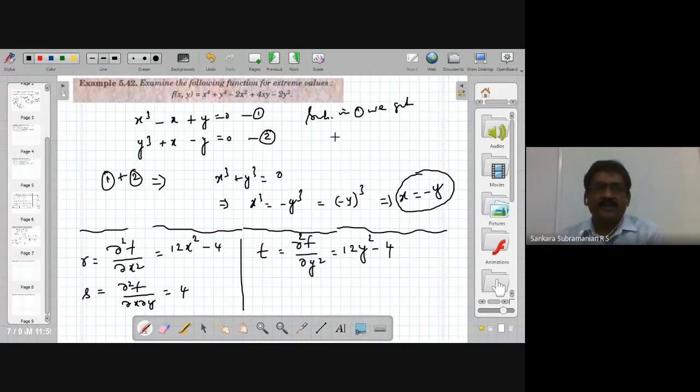So x இருக்கிற இடத்துல minus y the whole cube, minus x இருக்கிற இடத்துல minus y, then y இருக்கிற இடத்துல y ஐ போட்டுக்கலாம், equal to 0.